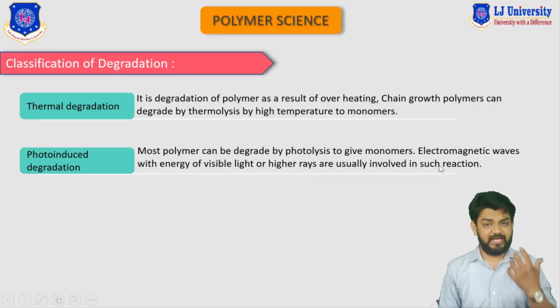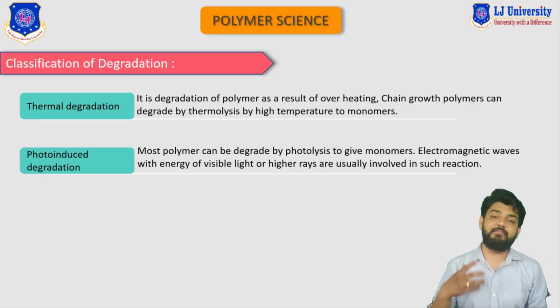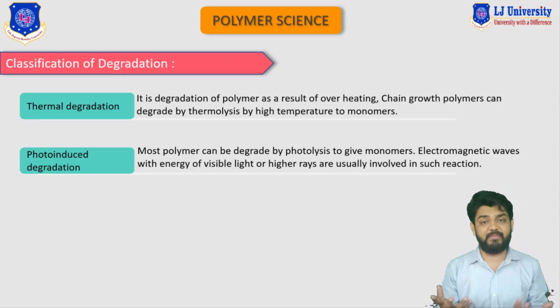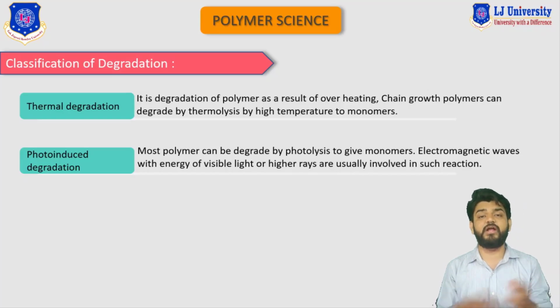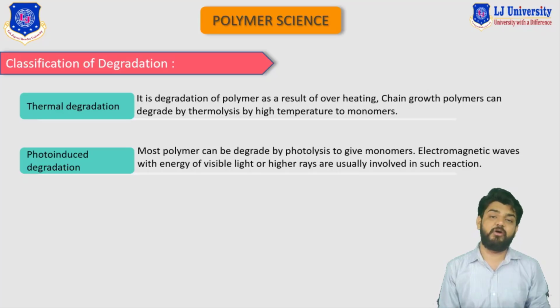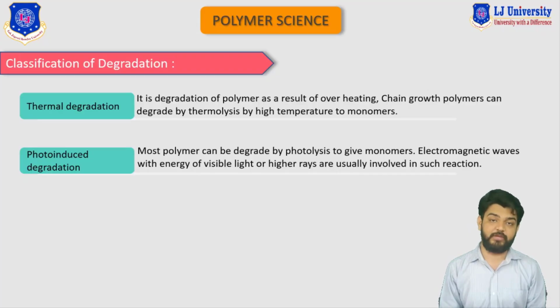So electromagnetic waves of different spectrum, either visible rays, or infrared, or even gamma rays, right? These all rays affect polymers in one way or another. This is why our polymer starts to decay, or starts to decompose. This kind of reaction we refer to as the photo-induced degradation of polymers.